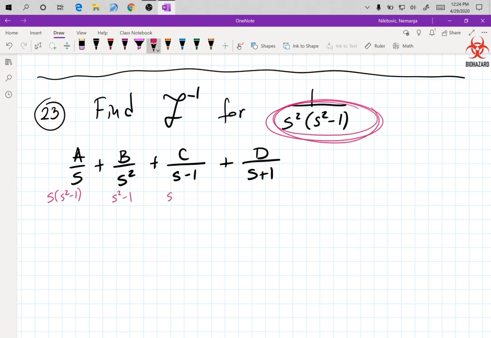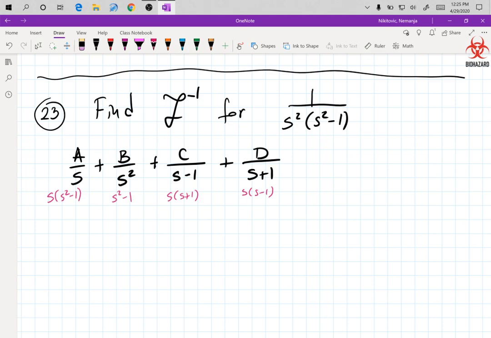Over here s plus 1 is missing, and over here s minus 1 is missing. Now we multiply all of that out and set it equal to 1.